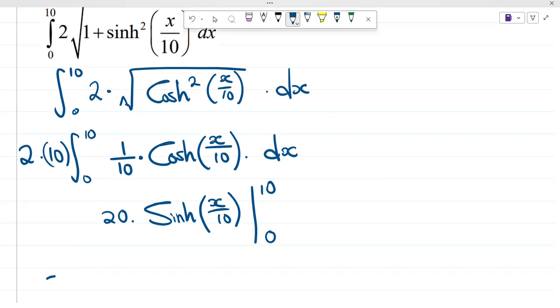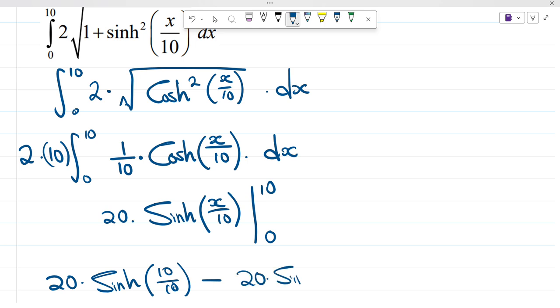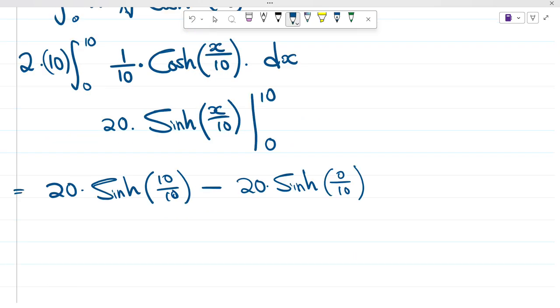So here it's going to be 20 multiplied by hyperbolic sine of 10 over 10, minus 20 hyperbolic sine of 0 over 10. Then let's see what answer we are going to get.